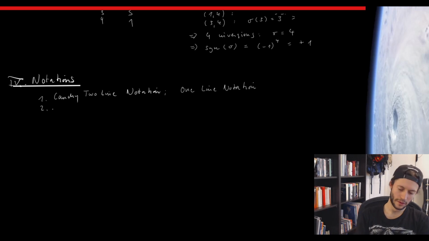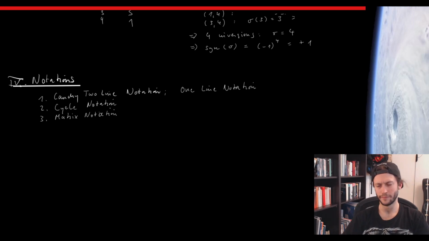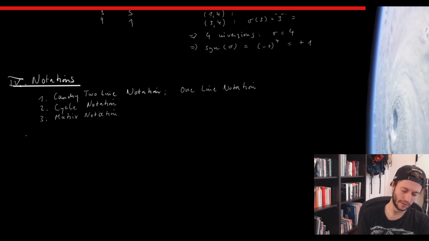Then the very famous cycle notation. And last but not least, the matrix notation. This is where I said you might need some matrix calculus, but it's really just a brief third method. The first two are the essential ones. All right, let's start with the Cauchy.